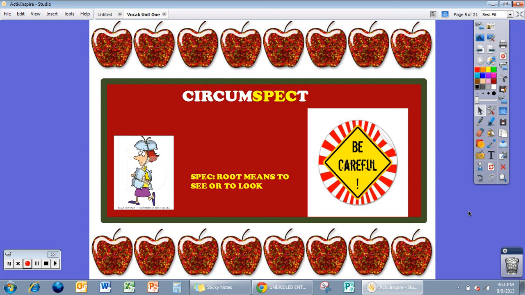All right, circumspect. Circumspect is an adjective, and first of all, you'll notice that part of the word I have highlighted in yellow, and that's because circumspect includes one of our roots that we will want to focus on this year. Spec means to see or to look, and so circumspect means to be careful or to be cautious, and so when you're being circumspect, you are looking carefully.